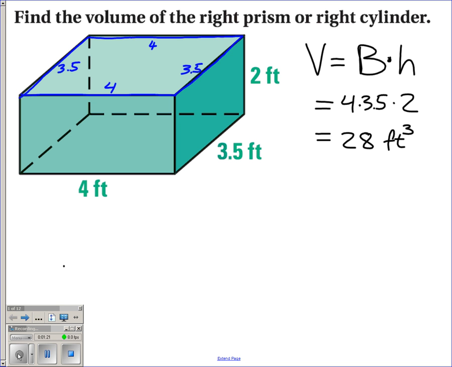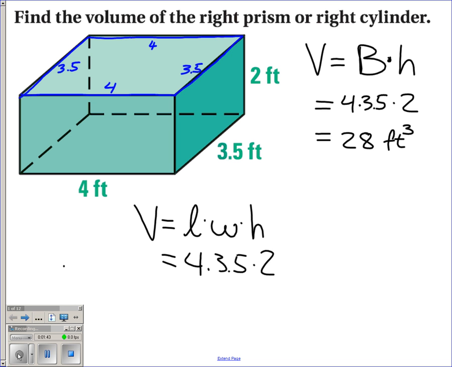Now, because it is a rectangular prism, a box basically, we can use this form, which you've seen in previous years. The volume is equal to length times width times height. When you plug in these numbers, the length being 4, the width being 3.5, and the height being 2, this is exactly the same as what we have here, right?